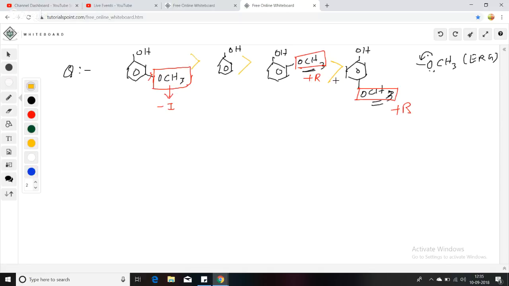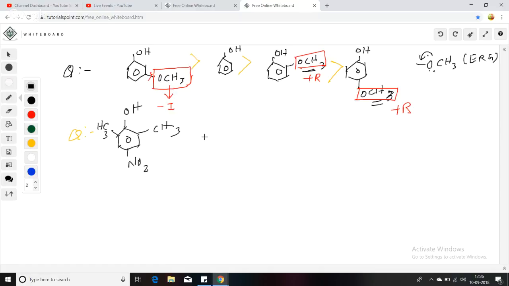Suppose OH and NO2 are both present in the ring, and these types of questions have been asked in JEE. Suppose you have OH here, at the ortho position we have CH3, and here we have NO2.